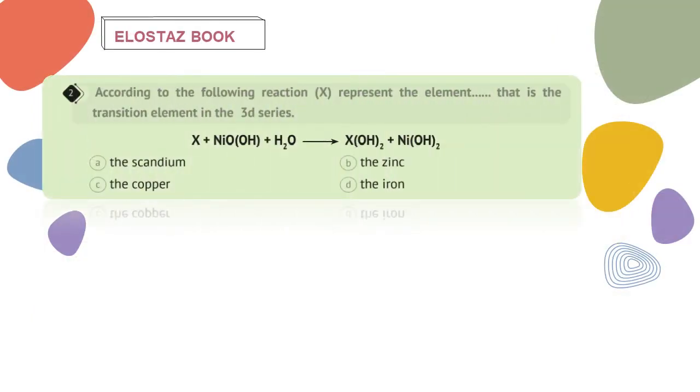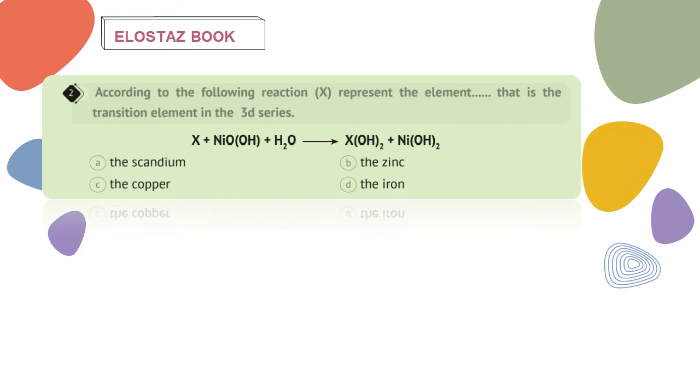Question 2 says that according to the following reaction, X represents which element? We want to know the element X that reacts with NiOH plus H2O, which will give X(OH)2 plus Ni(OH)2. It is a transition element in the 3D series.